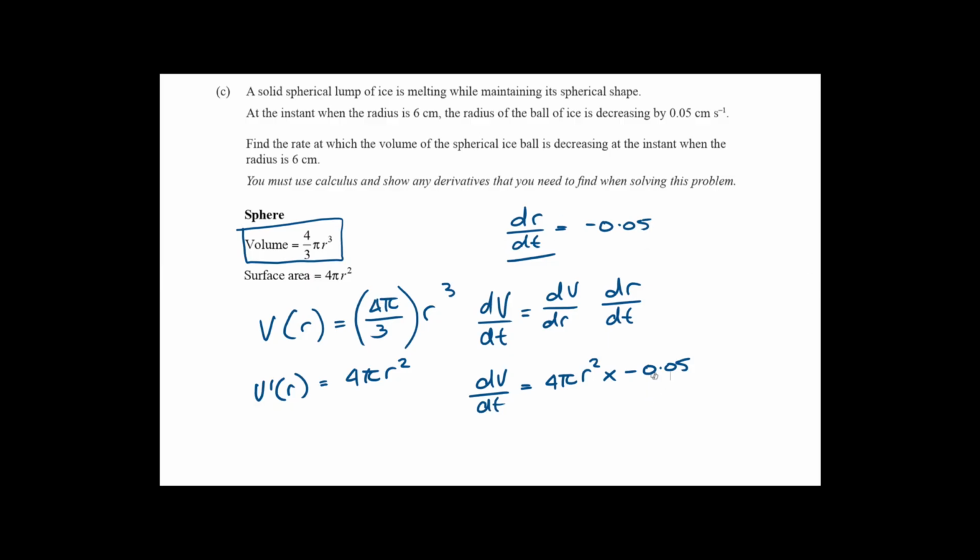Yes, I had to check that. It never hurts to check. So that's the rate of change, and we're going to evaluate that when r equals 6. So 4 pi times 36, because that's what 6 squared is, times negative 0.05.